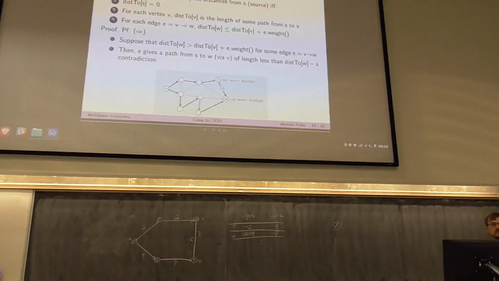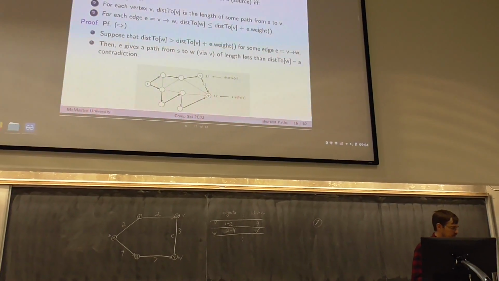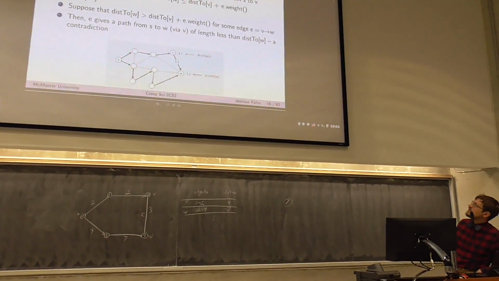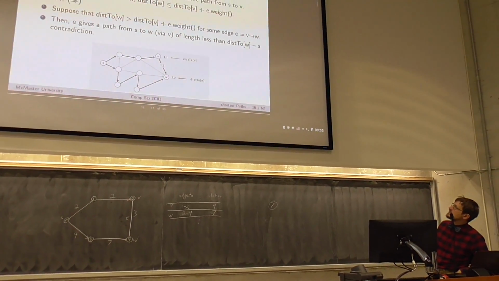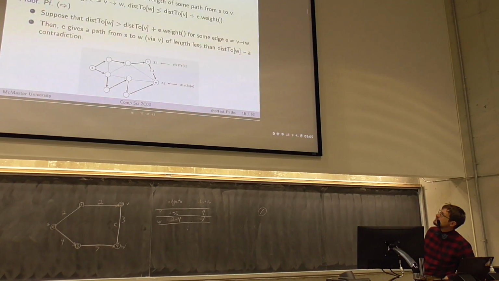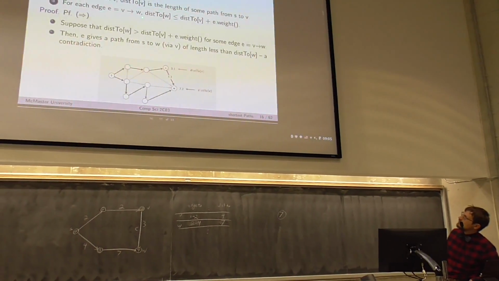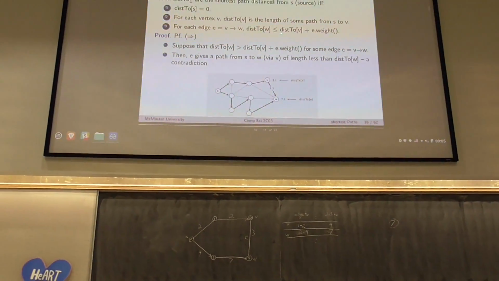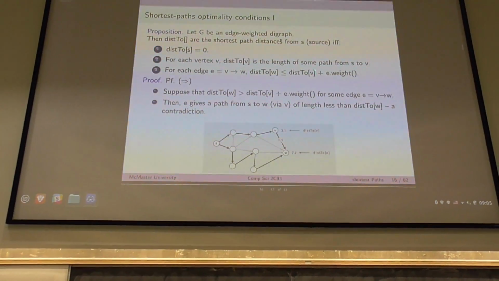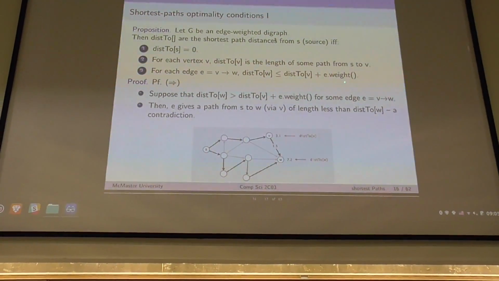The distance of the source to itself is 0, obviously. For each vertex v, distTo[v] is the length of some path from s to v. For each edge v to w, distTo[w] is less than or equal to distTo[v] plus e.weight.